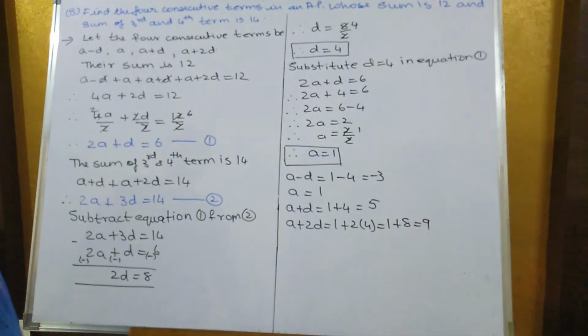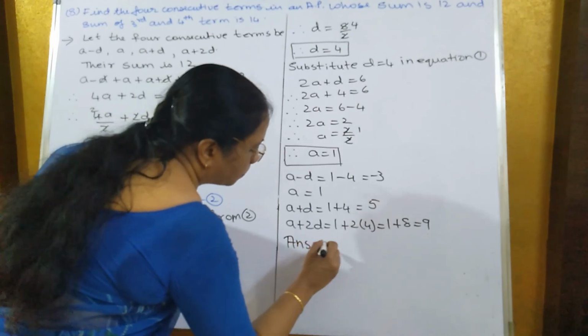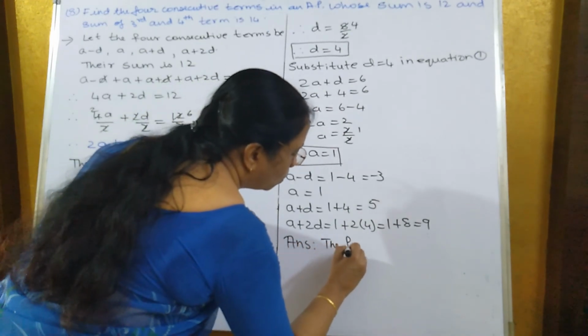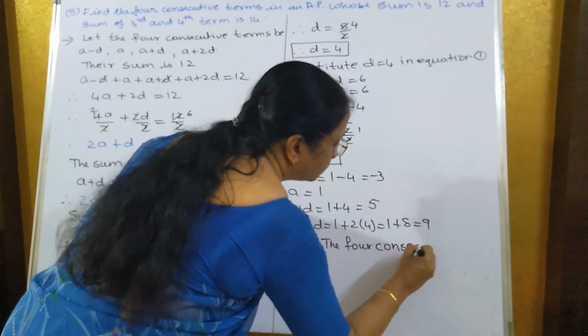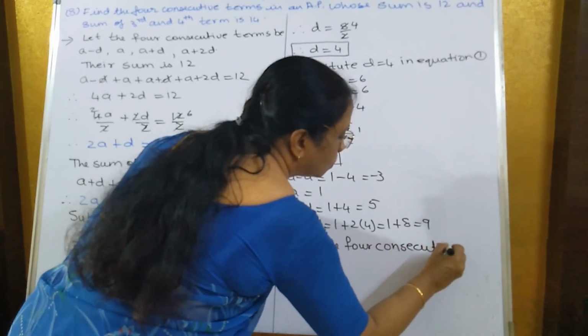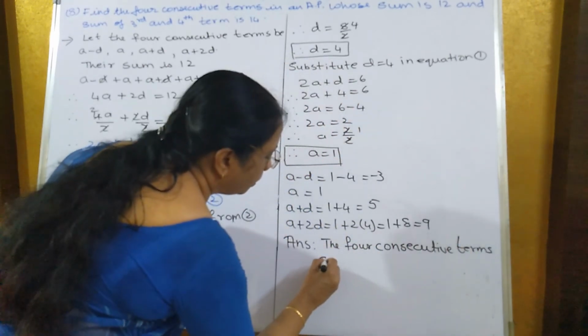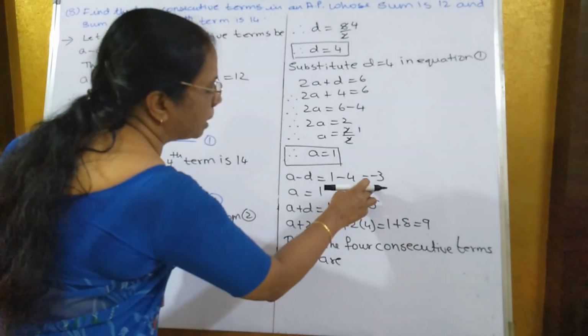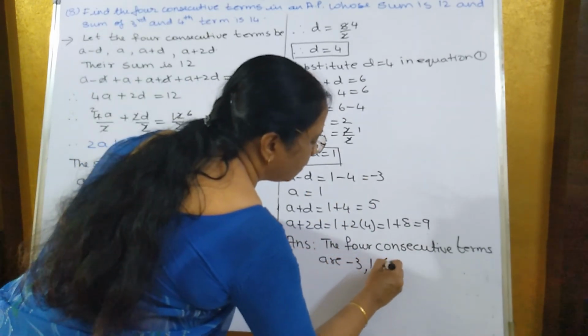So the 4 consecutive terms are minus 3, 1, 5 and 9.